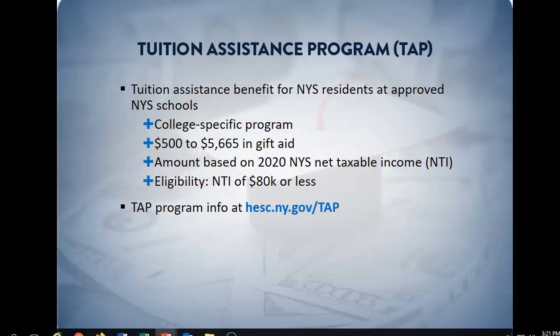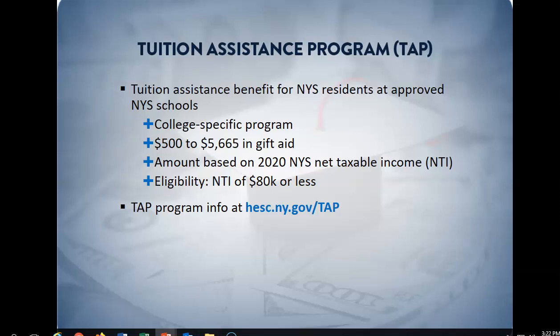There was a significant increase in TAP this year. The highest award went from $51.65 to $56.65. That's the first increase in TAP we've had in quite some time. The amount is based on the 2020 New York State net taxable income, not the federal AGI, but the New York State net taxable income.